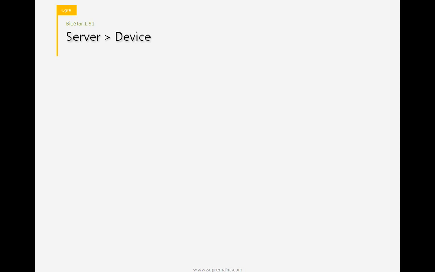Another connection mode is device to server, where the devices connect to the BioStar server. When the connection is from BioStar server to device, it means we are searching for devices from the client software.